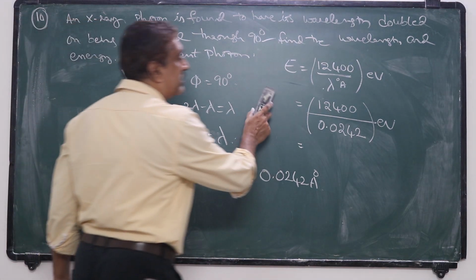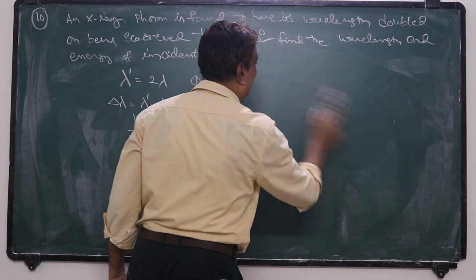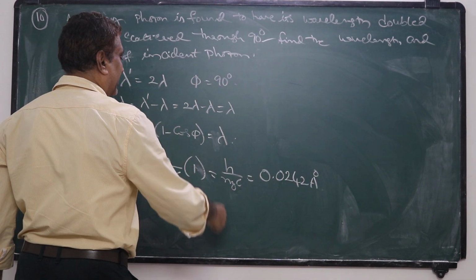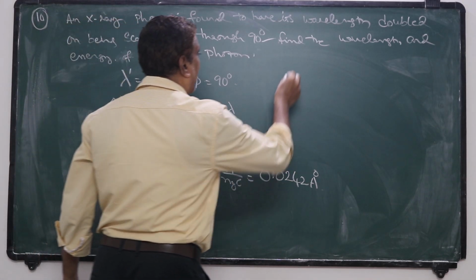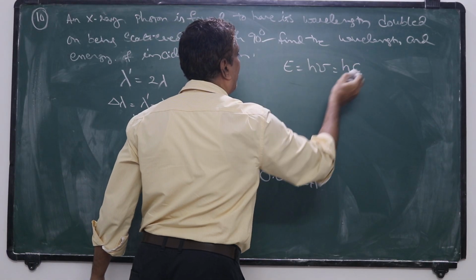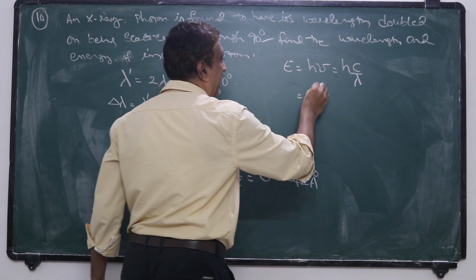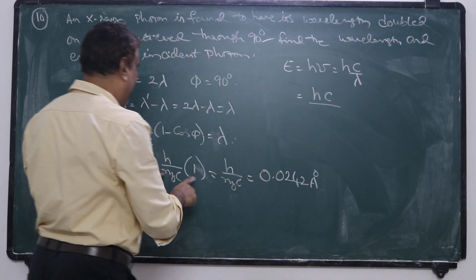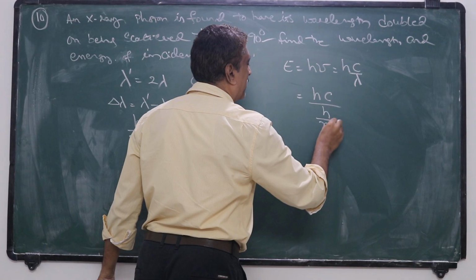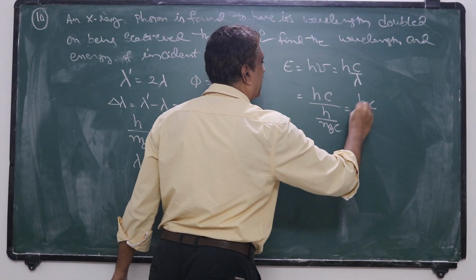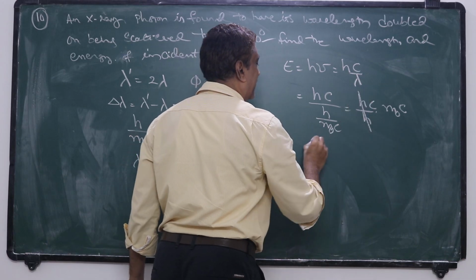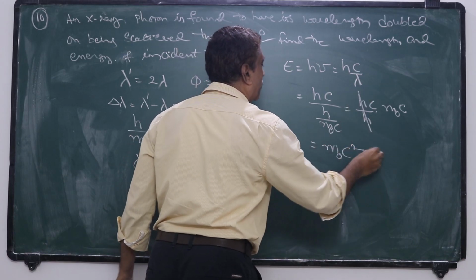Or we can calculate this also like this. Actually E is equal to h nu, that is hc by lambda. Already we have the lambda value as h by m naught c, so E is hc by h by m naught c, which is m naught c square.